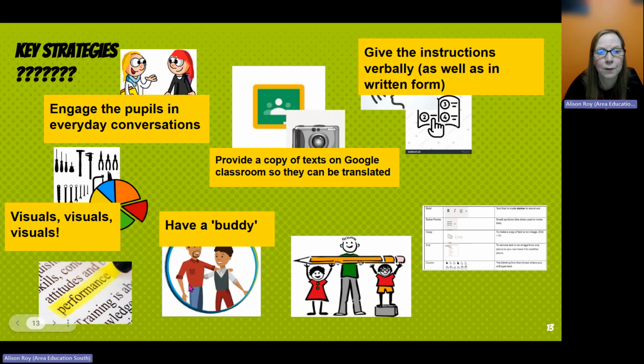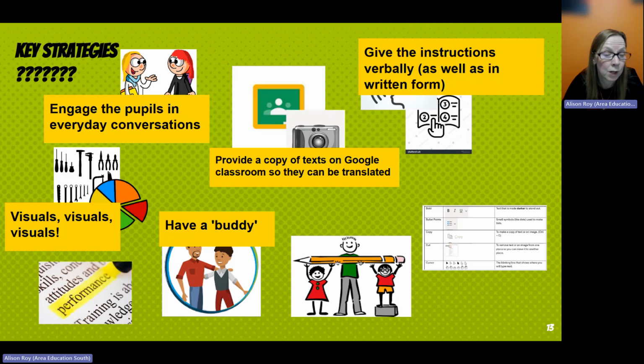Okay, and we mentioned that before, having a buddy. Schools will often, hopefully, put a buddy system in place for EL pupils that are new to the school. It's good to have a rotational system for a buddy because it can feel a little bit too intensive for the new pupil and the buddy to always be together in these first few weeks.